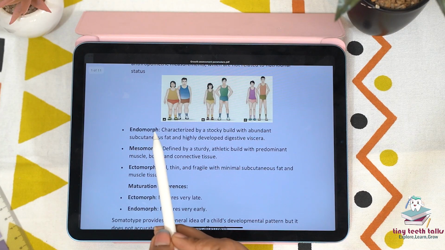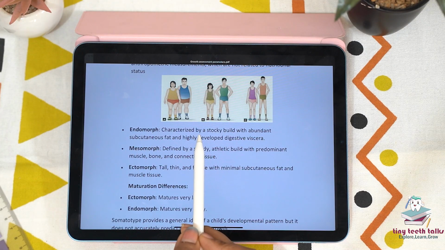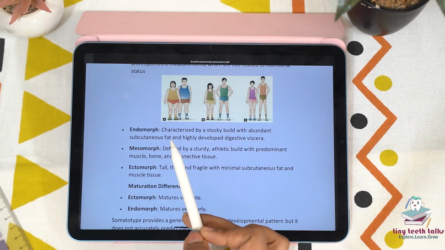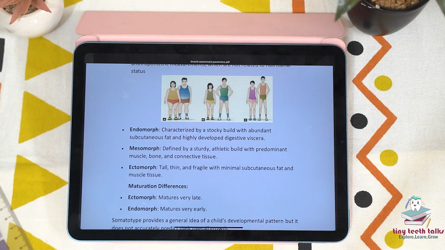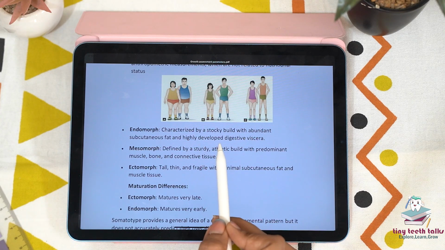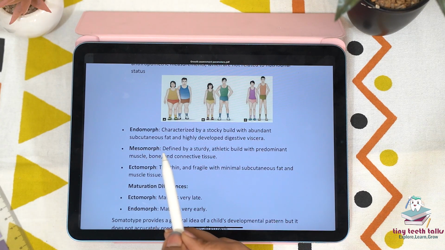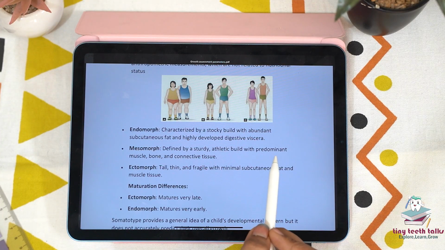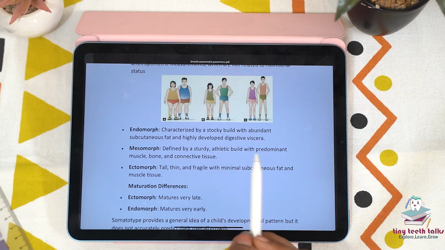So first is endomorph, which is characterized by a stocky build, meaning a body build that is broad, solid, and sturdy, often with a lot of muscle and slightly shorter height, with abundant subcutaneous fat, meaning a lot of fat present beneath the skin, and highly developed digestive viscera. Mesomorph is defined by a sturdy, meaning strong, solid, and well built athletic build with predominant muscle, bone, and connective tissue.